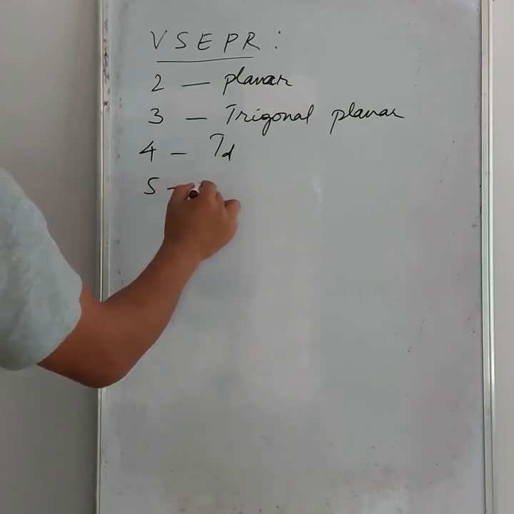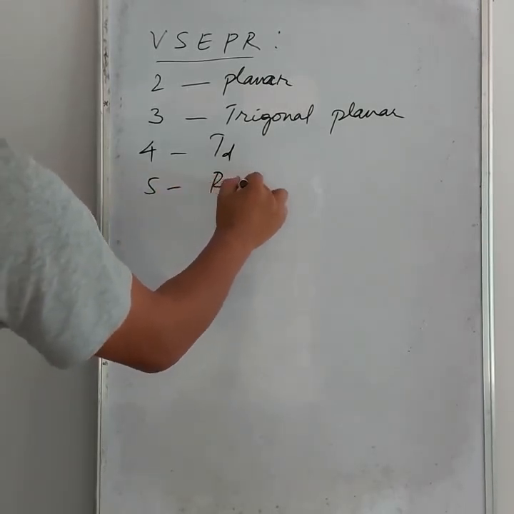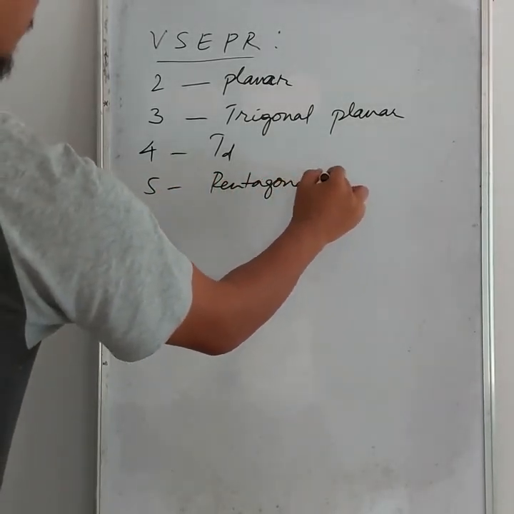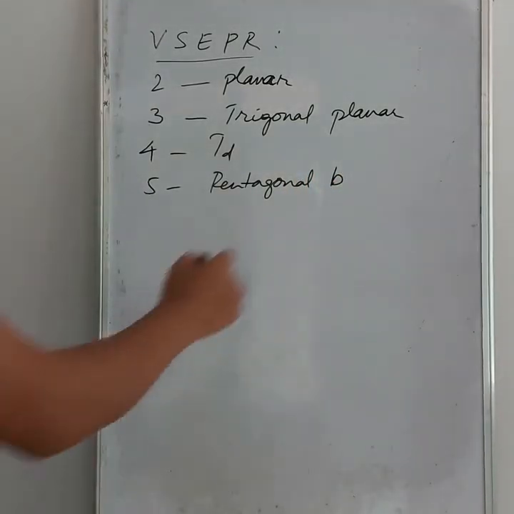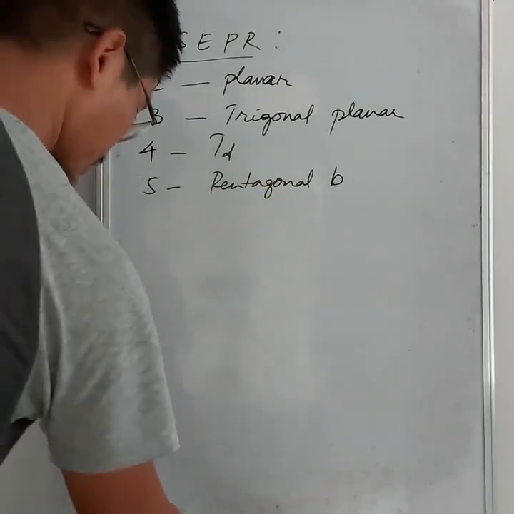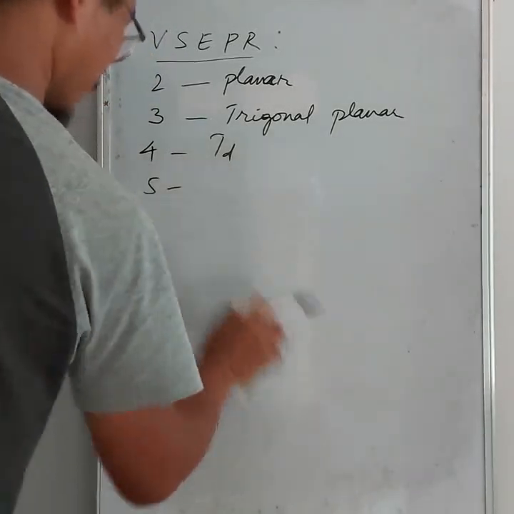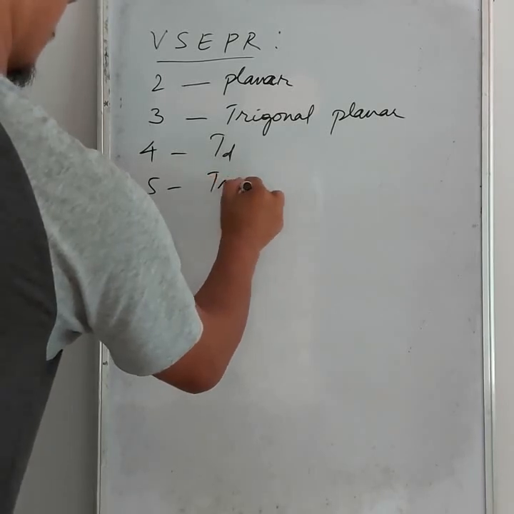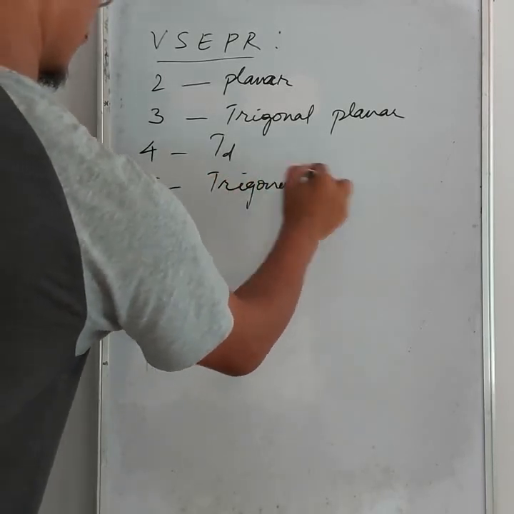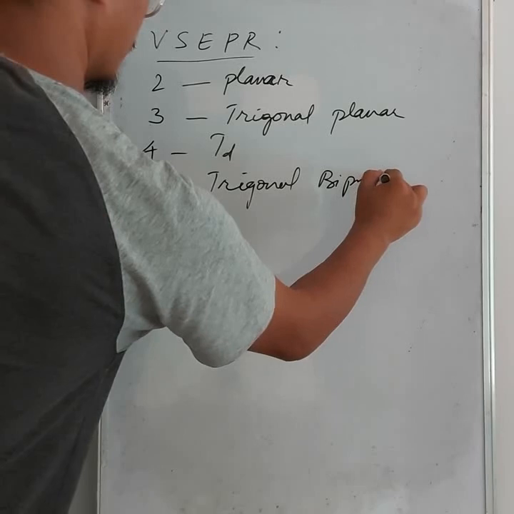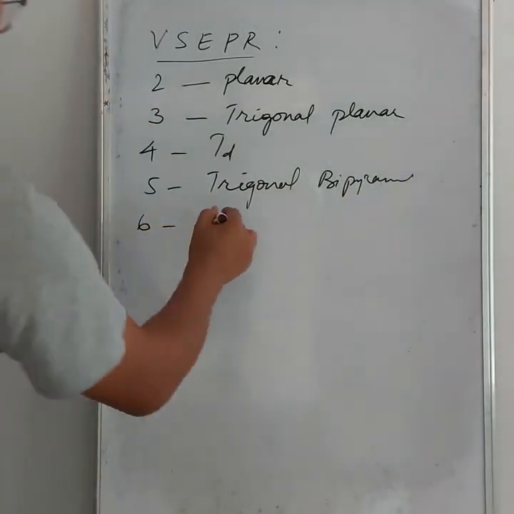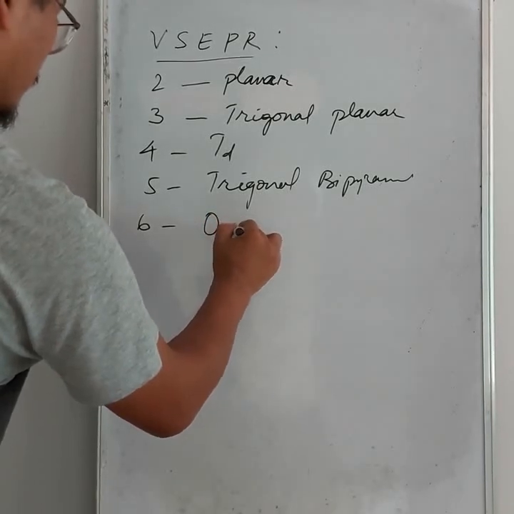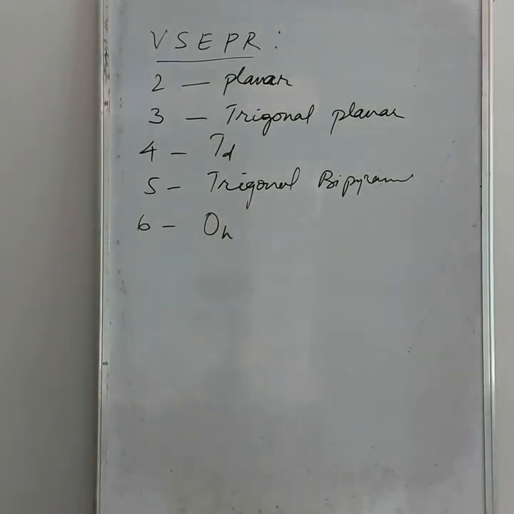If it is five, then it's going to be trigonal bipyramidal. Sorry, not pentagonal, trigonal. And if it is six, then usually it's octahedral. And if it is seven, then pentagonal bipyramidal.